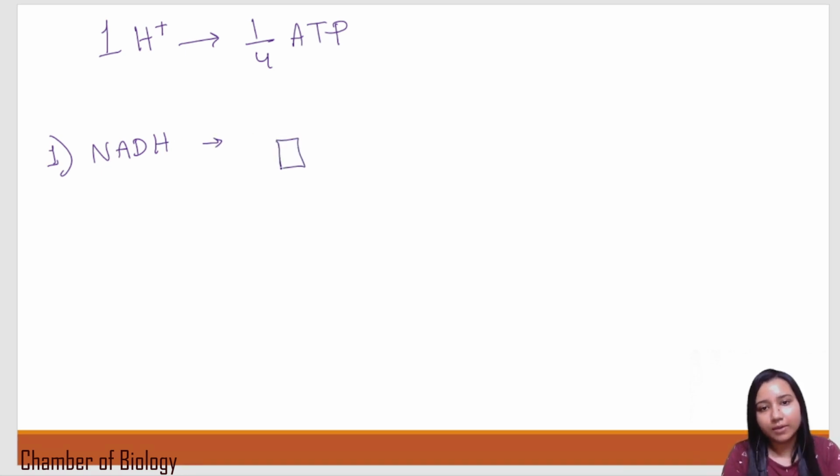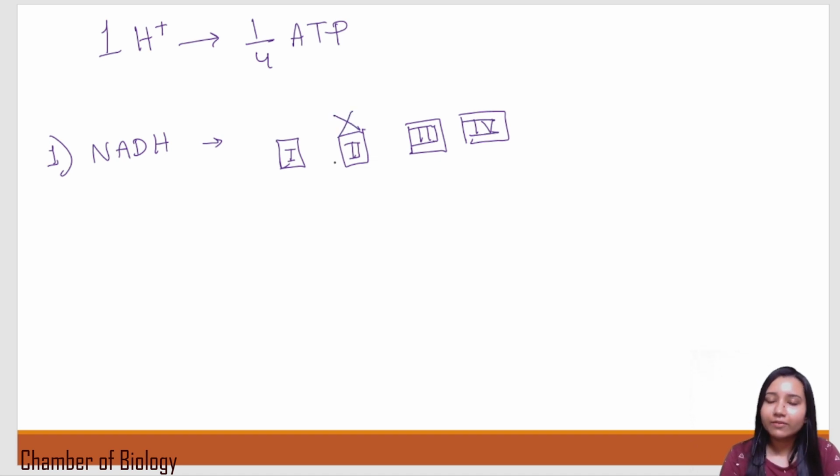Let's draw the complexes. Okay, complex 1, complex 2, complex 3, and we have complex 4. So complex 2 is not going to work for NADH, right? Because it is not going to transport the electron after oxidation of the NADH. It is responsible for the FADH oxidation.